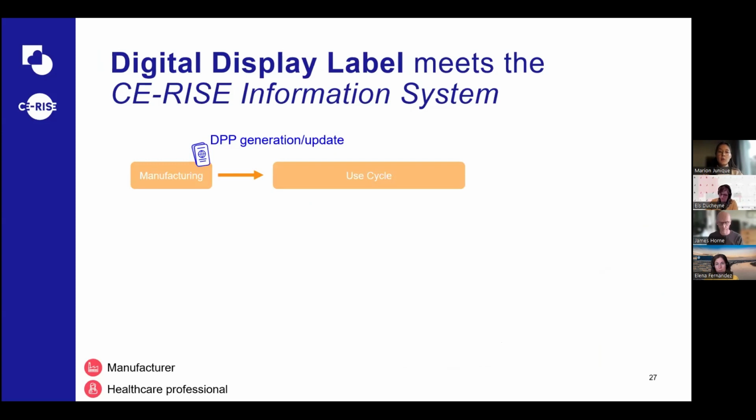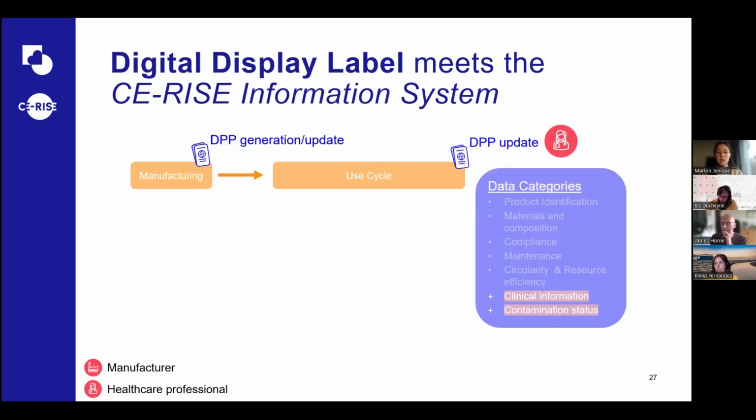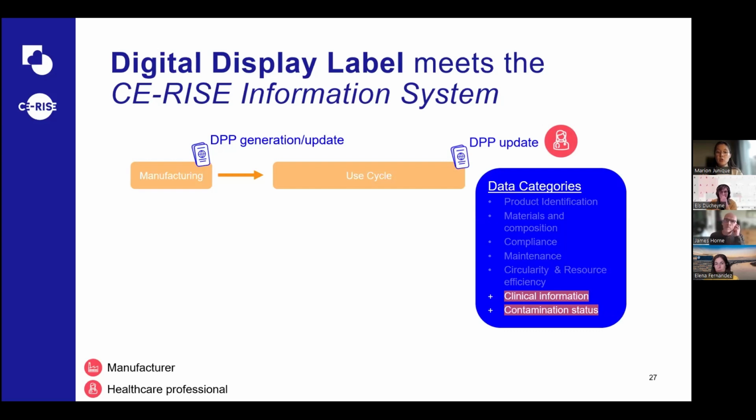And then the digital product passport will enter its first use cycle at the clinical trial sites. And then after that, the healthcare professional there will update the digital product passport once the use of the digital display label is over. And so here they can update it with some information about the clinical trials, about how long the device has been used, some information on the contamination status of the device, for example.